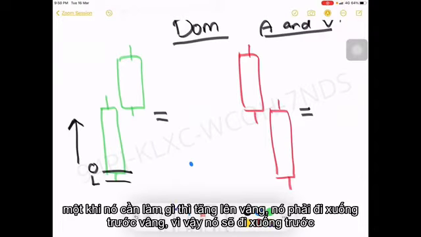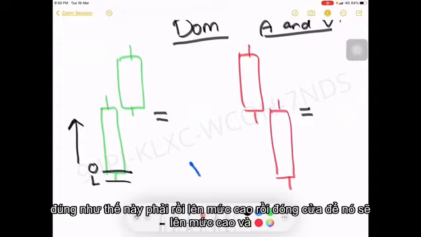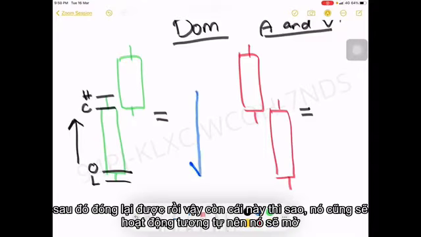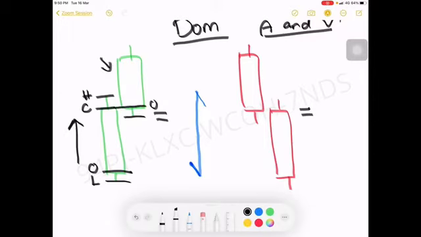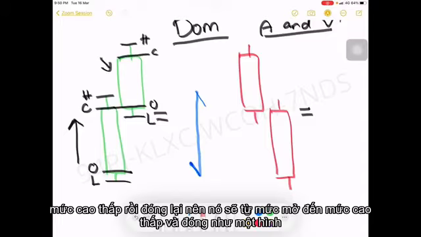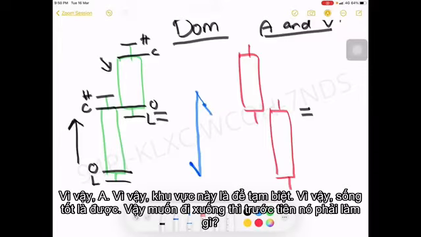So it will go down first, like this, and then to the high and then closing. What about this one? It's going to do the same: open, low, high, and then close. A-shaped, so A. This area is for buy.